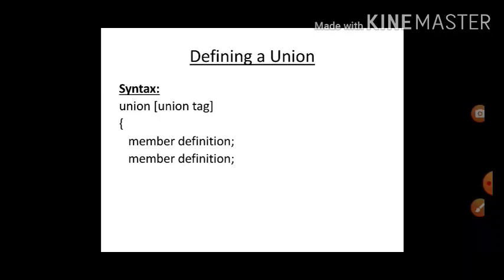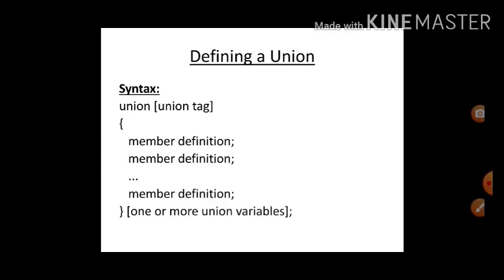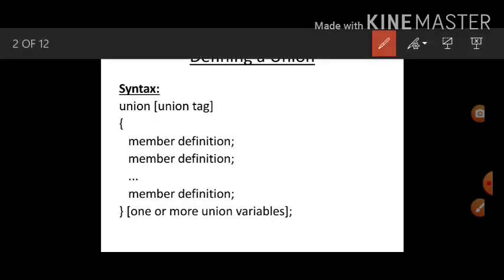Likewise, give different members, and then you can give a name for the variable of type union, one or more union variables, that is this. Either you can specify it here or you can do it later inside your program the way we did for structures.